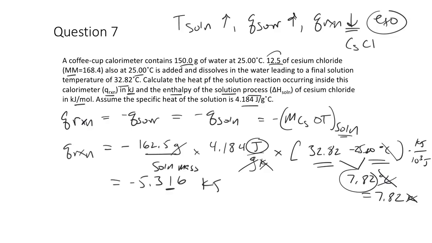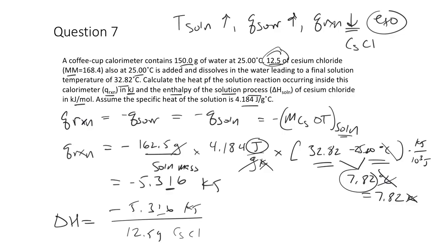The second part of the question, the enthalpy of the solution process of cesium chloride in kJ per mole. How do we get there? Well, my delta H for the solution process would take my Q reaction and divide it by however much reaction took place. The limiting reactant would be the 12.5 grams of the CsCl. And then we just multiply by the molar mass, which was given, 168.4 grams per mole.